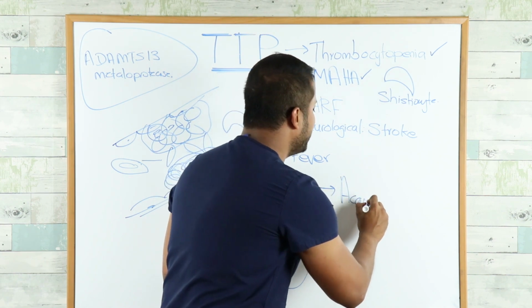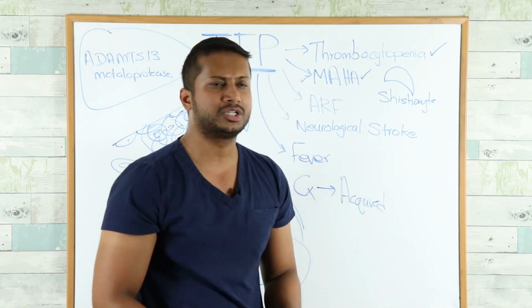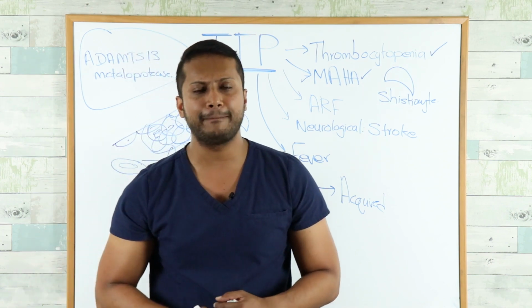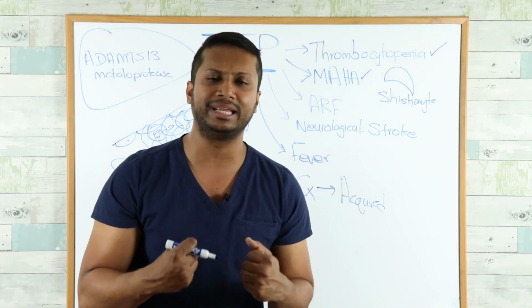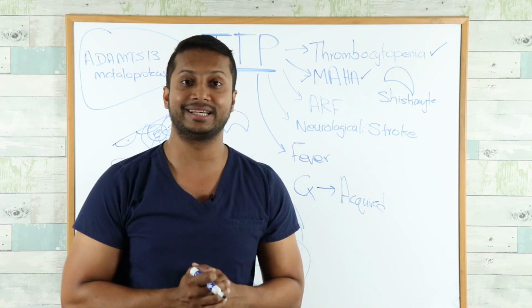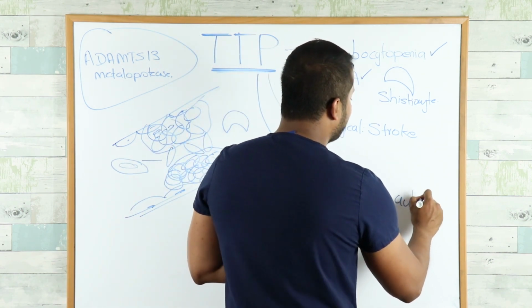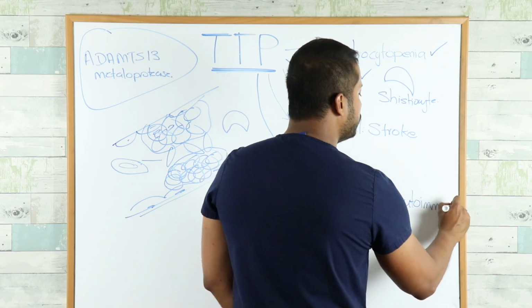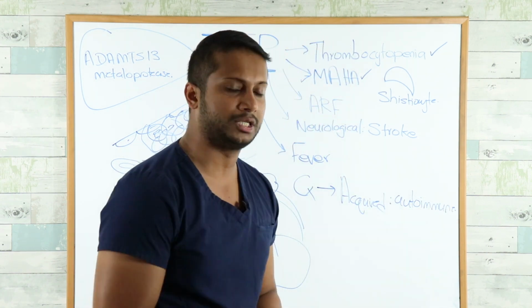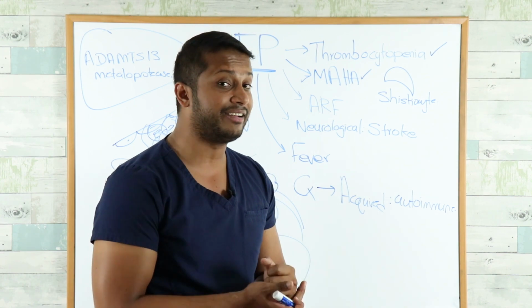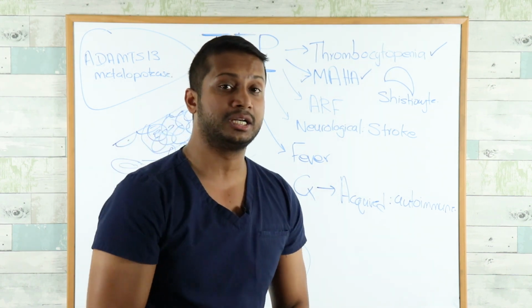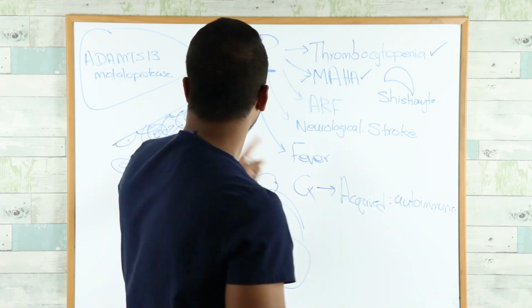So what happens is people who are exposed to certain medications produce autoantibodies against this ADAMTS13. So I'm saying it is an autoimmune reaction, because you give a patient a certain medication and this is triggering an autoantibody reaction against your ADAMTS13.